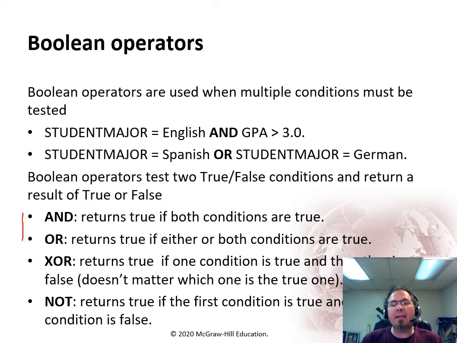But the idea is, with the and and the or, you have to understand how to read them in English, so to speak, or in SQL speak, because in English, we say it differently. For example, if I say, give me all of the student majors that are majoring in English and they have a GPA of 3.0, that's how we would say it in English, right?